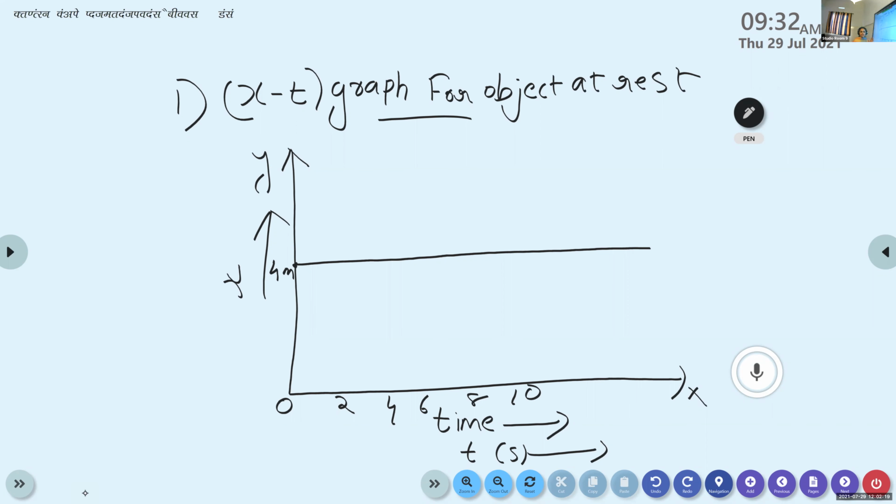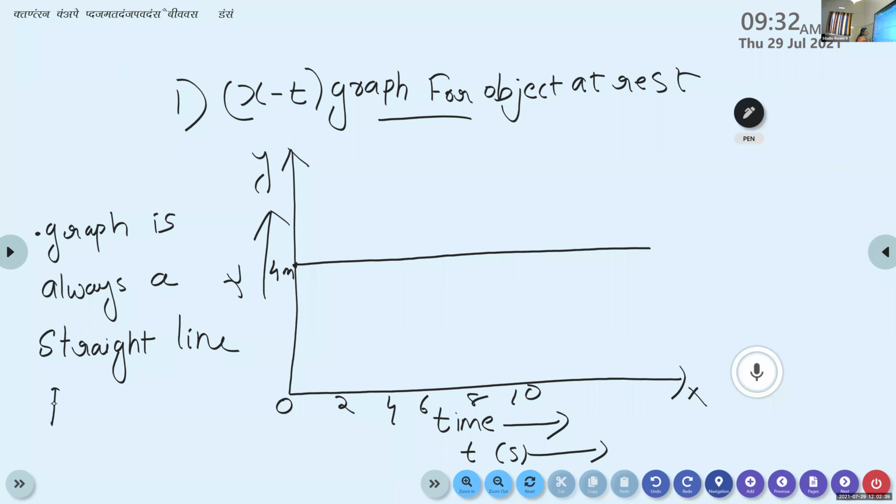If the object is at rest, the graph is always a straight line parallel to time axis.